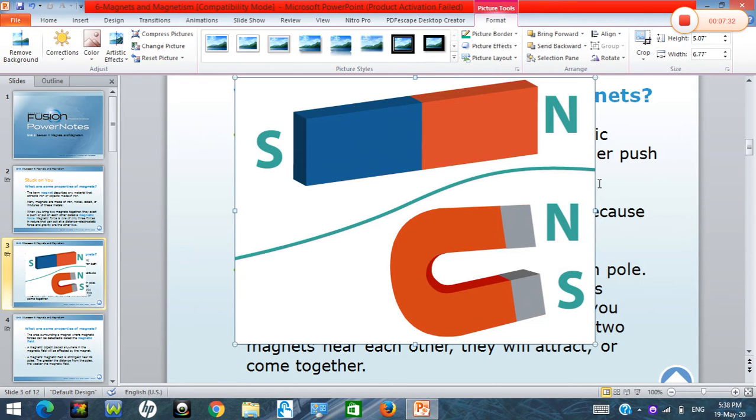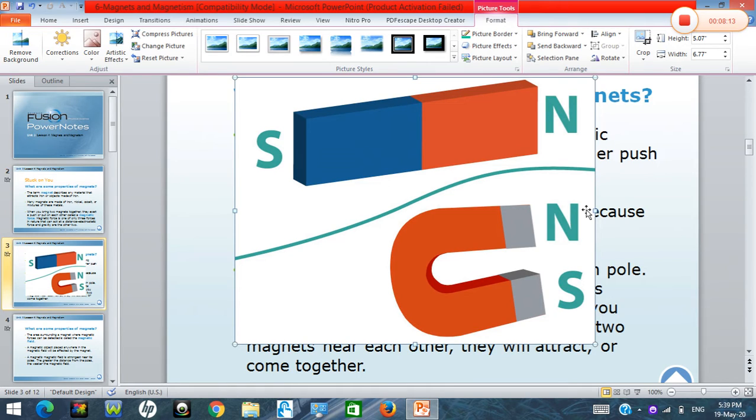But when we approach the different poles to each other, they will attract. Why? If you remember, we said that the magnet has electric charges inside the north pole and inside the south pole. Basically, the electric charges inside the south pole are similar to the south pole in another magnet, and the electric charges in the north pole are similar to the north pole in another magnet.